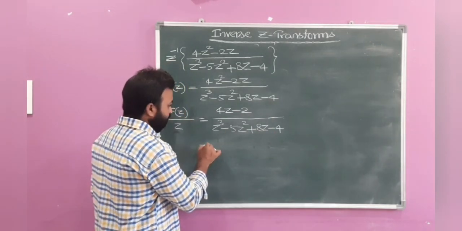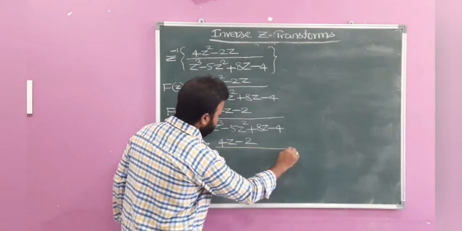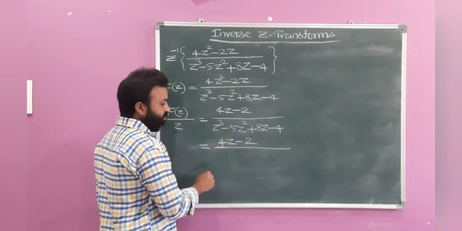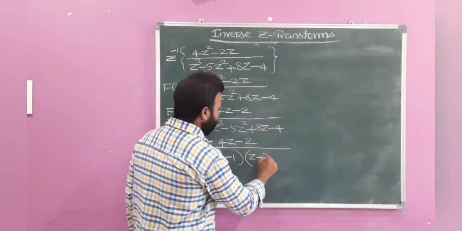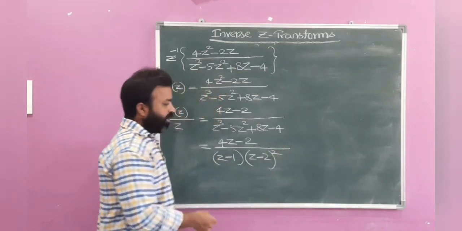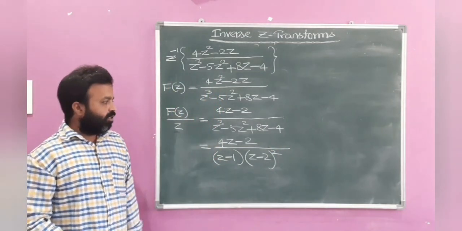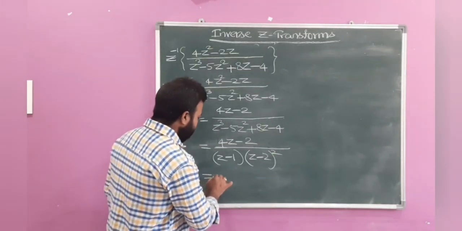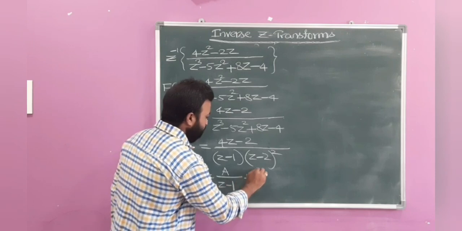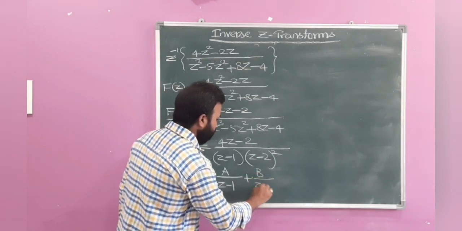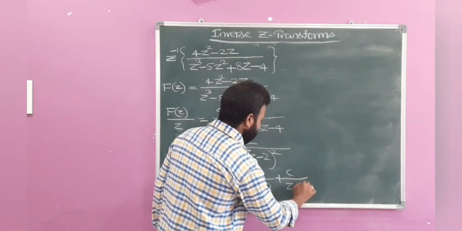This can be written as 4z minus 2 by the factors, z minus 1 into z minus 2 whole square. Then partial fractions are made so easy if we write it like this. So this can be written as a by z minus 1 plus b by z minus 2 plus c by z minus 2 whole square.